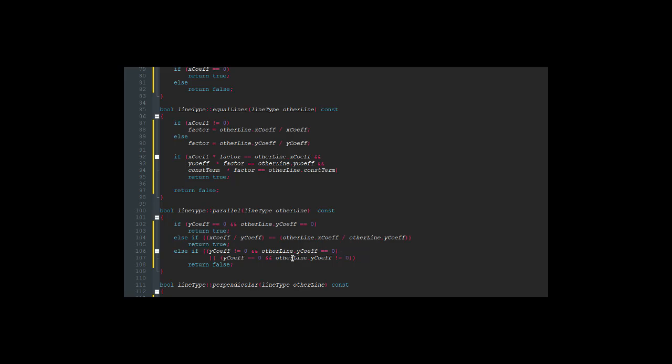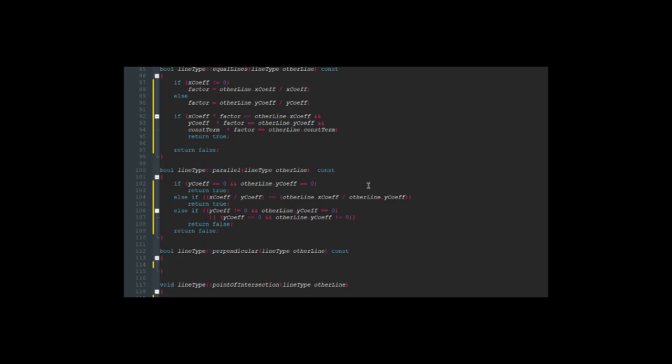And this can go for either one, meaning that our y coefficient may be equal to 0 and the other one might not be equal to 0, or ours might not be equal to 0 and the other one will be equal to 0. But at the end, just to make sure that we didn't miss anything out, we return false at the end, if it ever reaches that point.